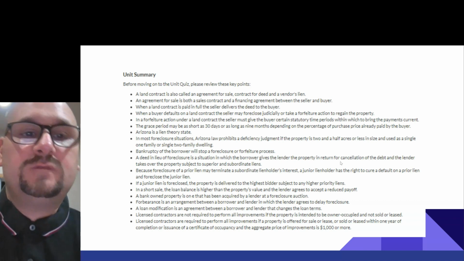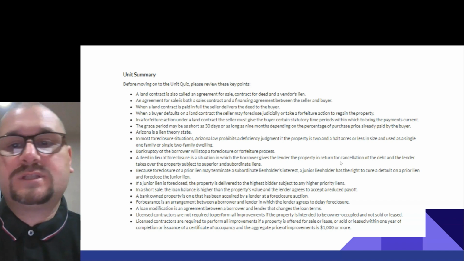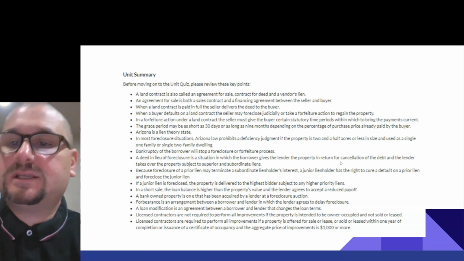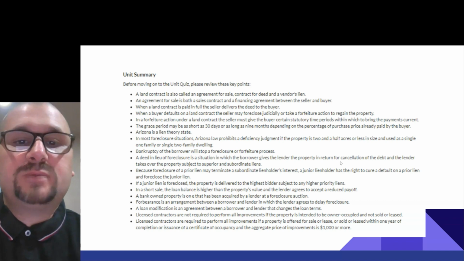A deed in lieu of foreclosure is a situation in which the borrower gives the lender the property in return for cancellation of the debt, and the lender takes over the property subject to superior and subordinate liens.